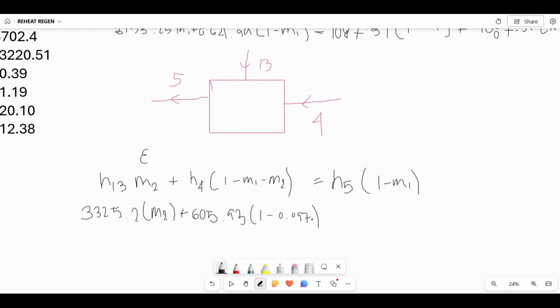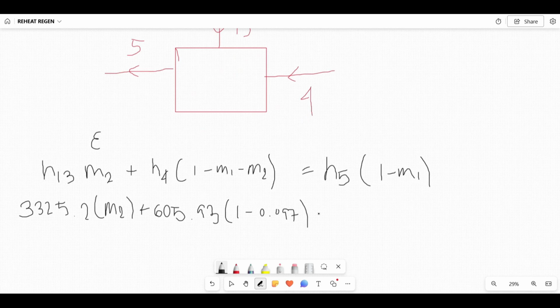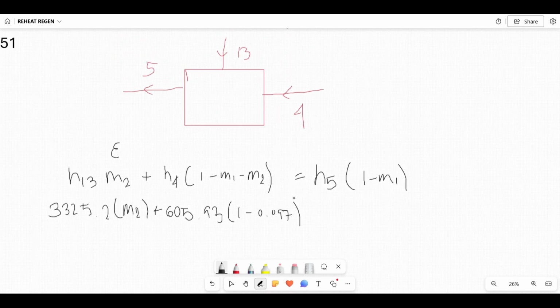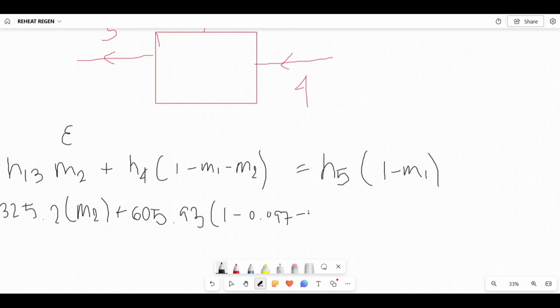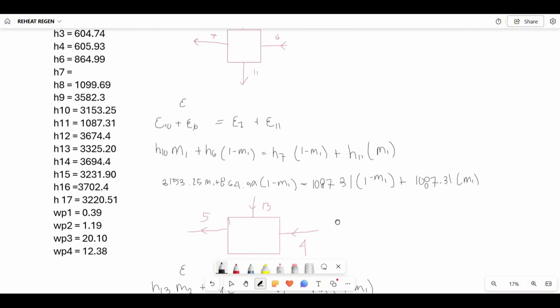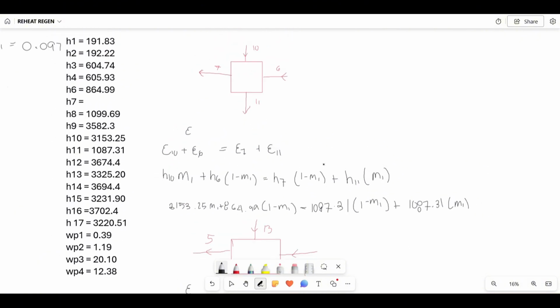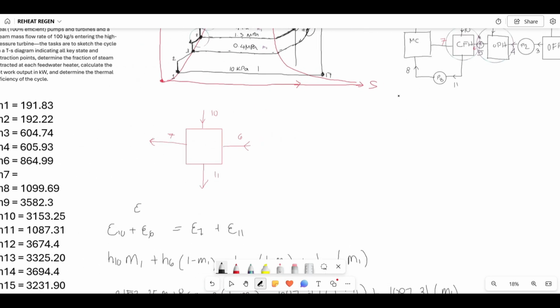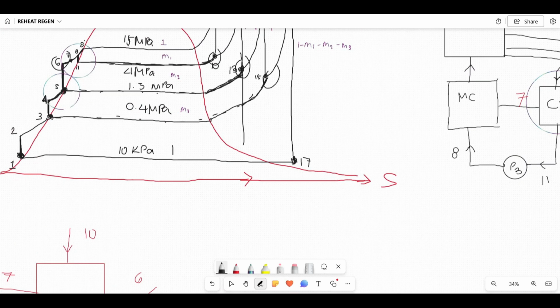That's 1, right? So 0.097 times, minus M2, is equal to H5. What's H5? H5, we did not include H5 over here. Okay, forgot. So what's H5 over here?